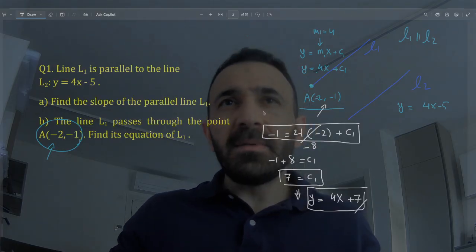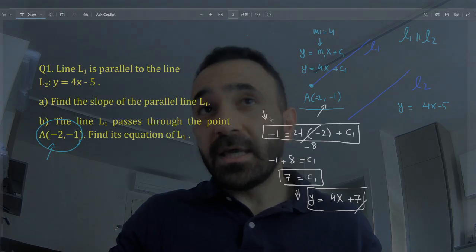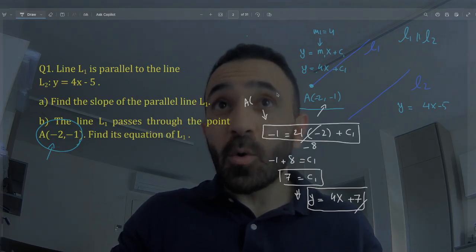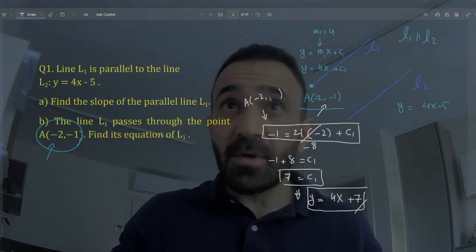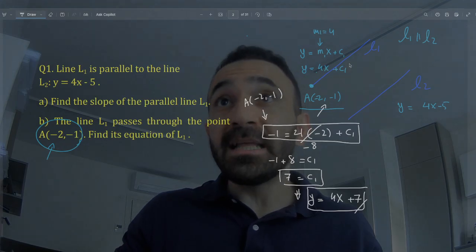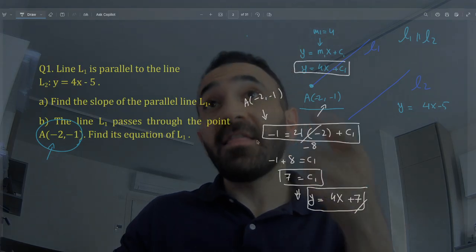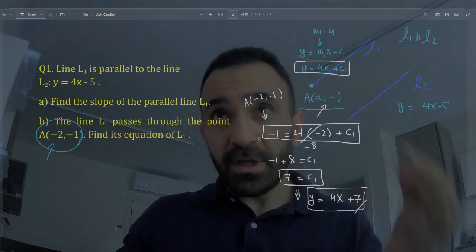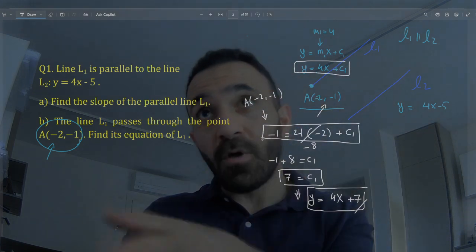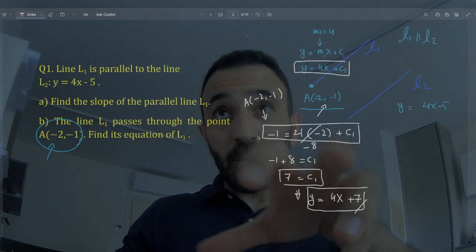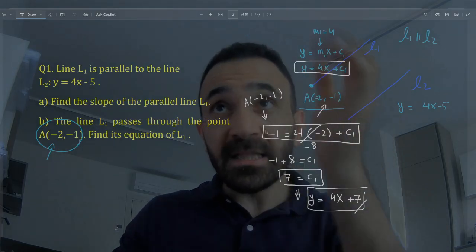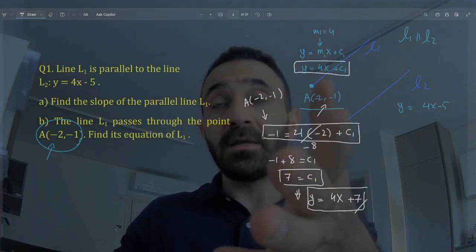For some of you, maybe it's a question what we're doing here. I'm getting the coordinates of point A, which is minus 2 and minus 1, and plugging them into this equation. Why this equation? Because point A lies on line 1, so I'm allowed to plug the coordinates of point A into the equation of line 1.